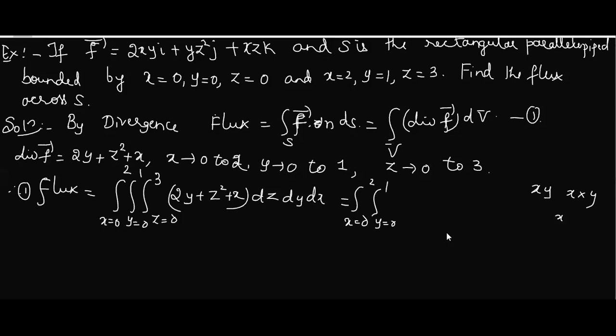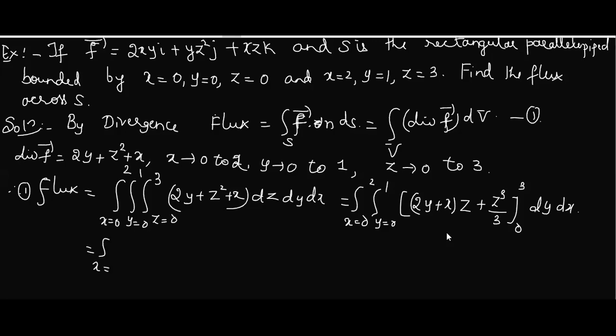I'll integrate it. Tell me the integration of this term with respect to z. You can take 2y plus x as constant and then you can write z. Then z square becomes z cube by 3, no? Am I right? dy dx. Now put the limits.